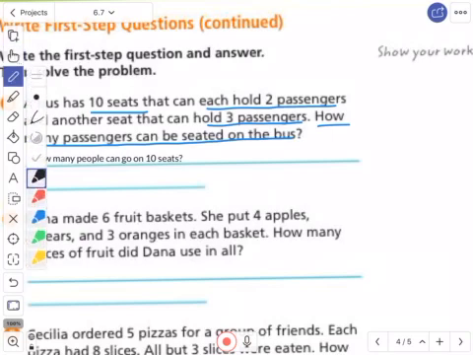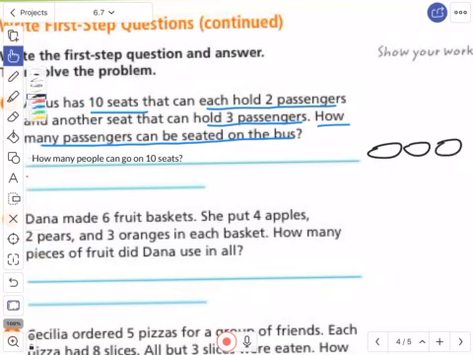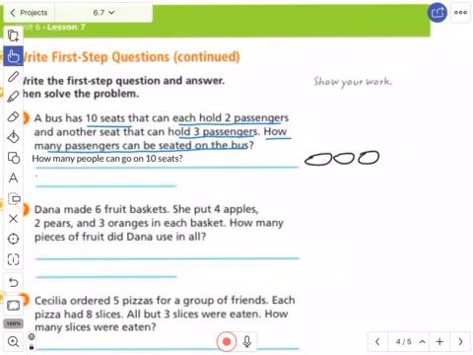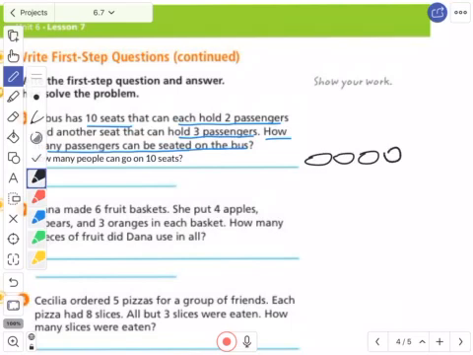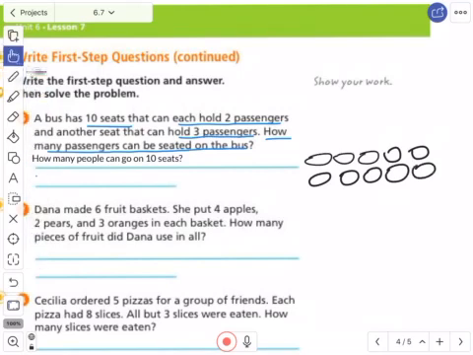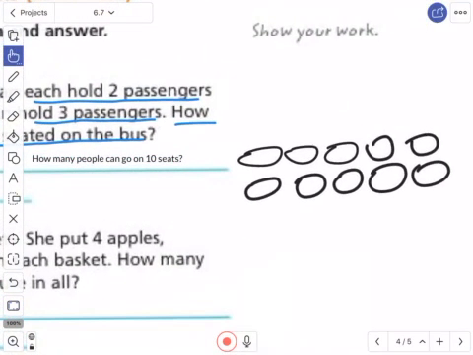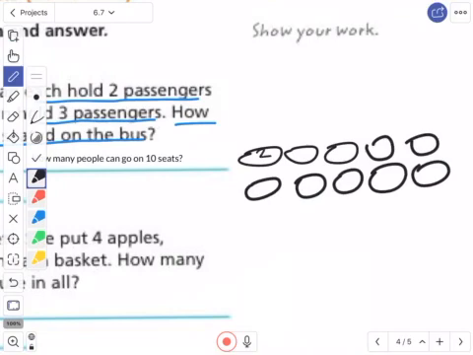So if there's 10 seats that can hold 2 passengers each, again, I'm just going to think of a visual for myself. So I have 1, 2, 3, 4, 5, 6, 7, 8, 9, and 10. Okay, so I'm going to put 2, 2, 2, 2, 2, 2, 2, 2, 2, 2.